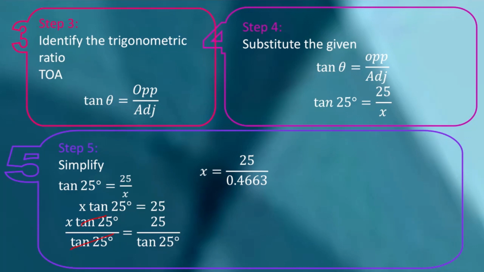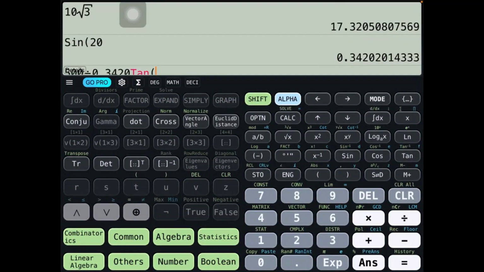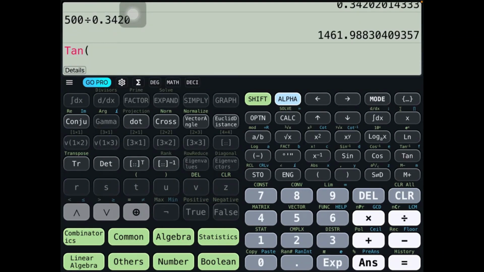Okay, paano po natin nakuha ulit yung 0.4663? Gagamit po tayo ng calculator. That is tan 25. That is 0.46630.